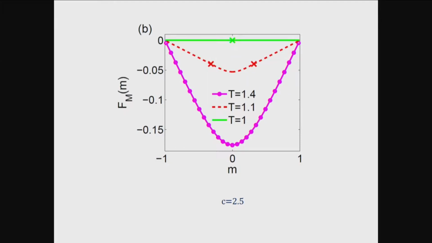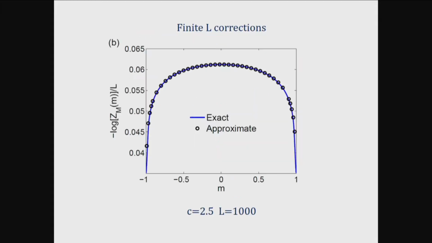Okay? A similar thing happens for the magnetization. The magnetization at high temperature looks like that. You increase the temperature, then it becomes flat. But this flat part, again, has some finite size effect in it, which I don't want to discuss anymore.